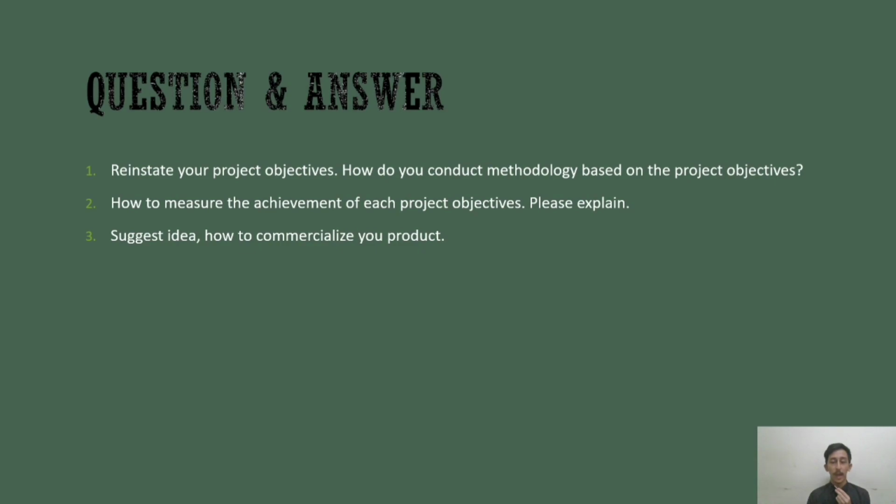Okay, so we go to the next question, which is how to measure the achievement of the project objective, and please explain. I will use the current sensor, which is ACS712, to detect the current for the relay.